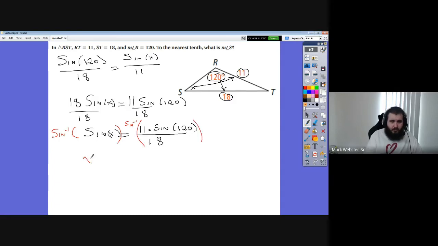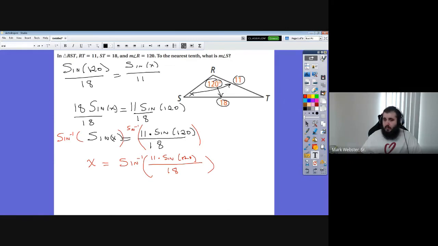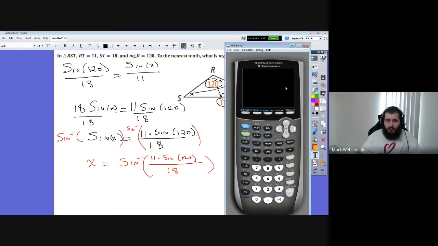So let's look at what I have. This is what I'm going to type into the calculator. The inverse sine of this stuff in here: 11 times the sine of 120, close parentheses, over 18. And again, be careful. Type this into your calculator carefully.